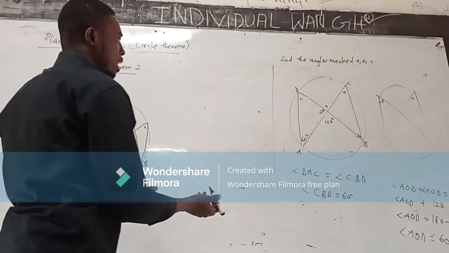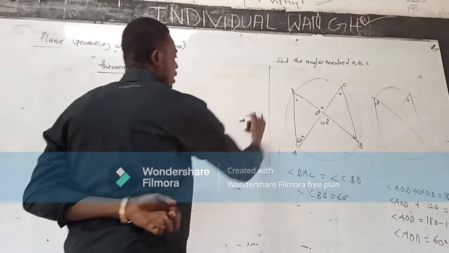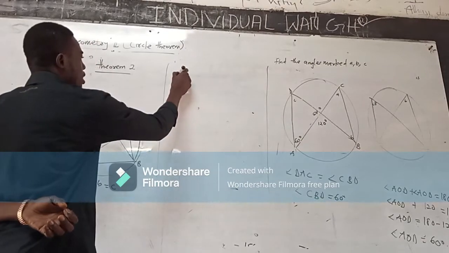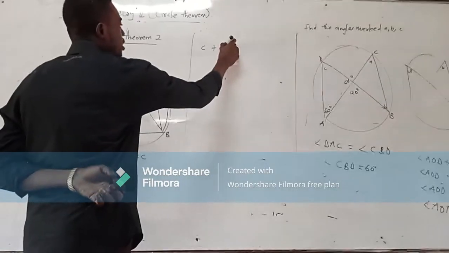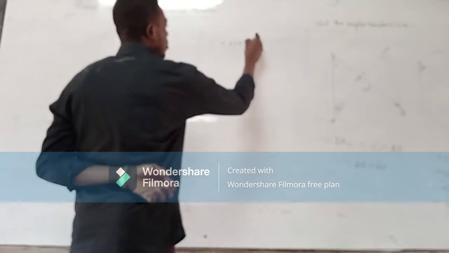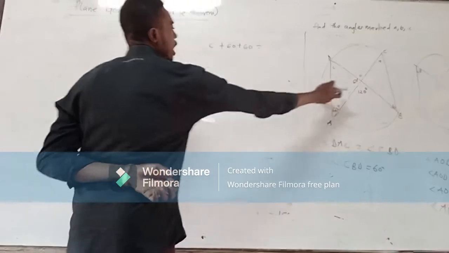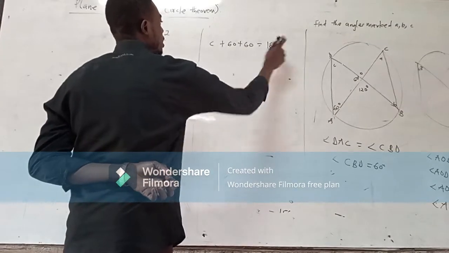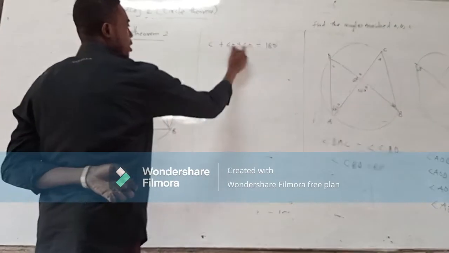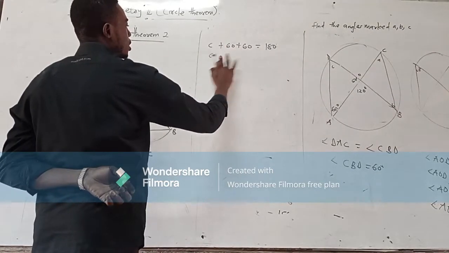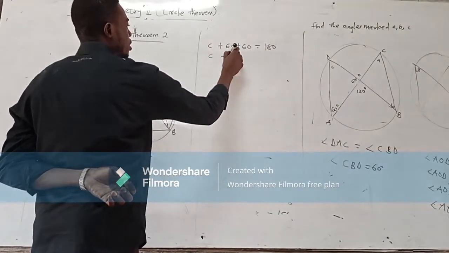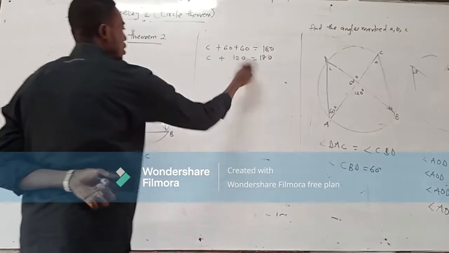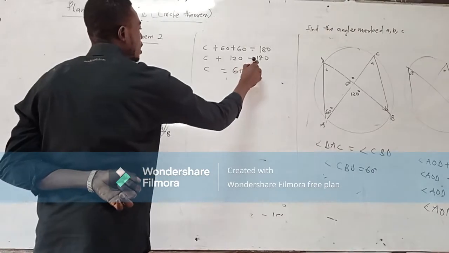So you just write that. If you want to find C, you can write simply C. So C will be equal to 60 plus 60 that we have here. And since they are the sum of a triangle, they should give 180. So C plus 120 is 180. When you subtract, C is equal to 60.